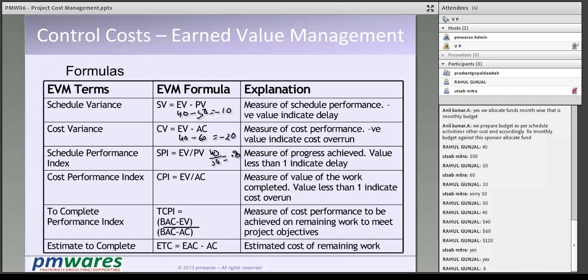So 0.8 means I am running at 80%. When I was supposed to achieve 100%, I achieved only 80%. So my achievement is 80% of the estimated duration. So I am running at 80% efficiency.